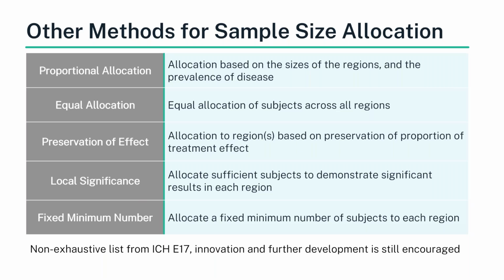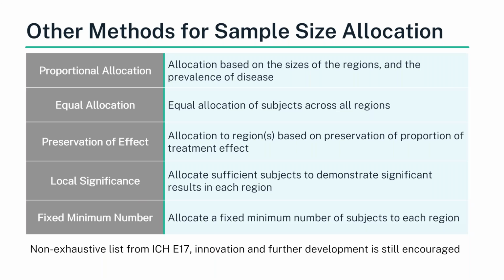And then the last option is a fixed minimum number of patients. And so obviously this can be useful if there's a valid reasoning behind the choice of the minimum value, in order to assure sufficient sample size and things like that.